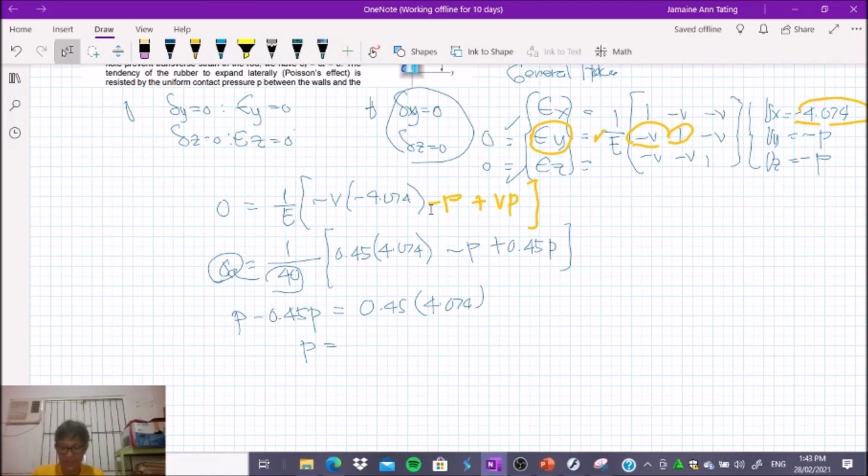1 minus, sorry, ulitin mo. 0.45 times 4.074, then divided by 1 minus 0.45 equals, so you'll get 3.33.